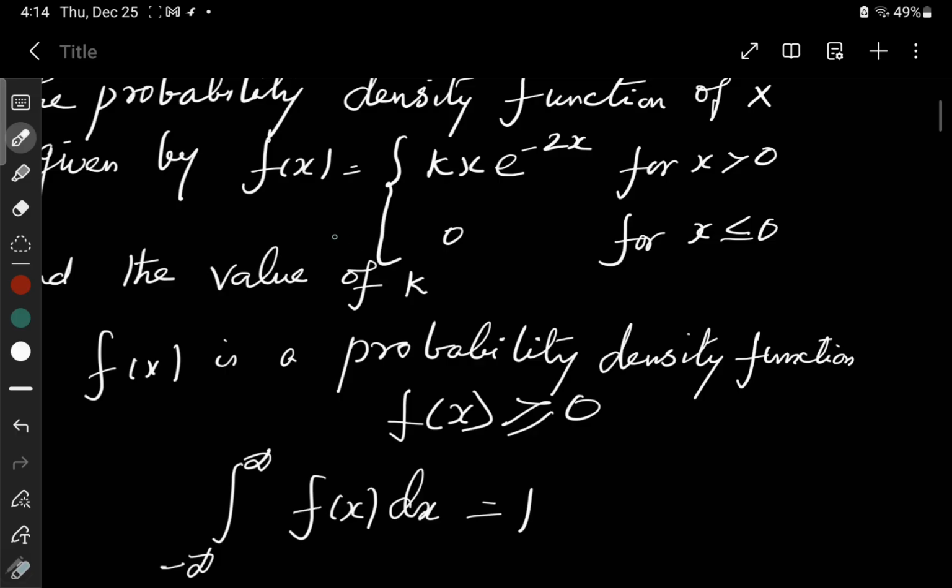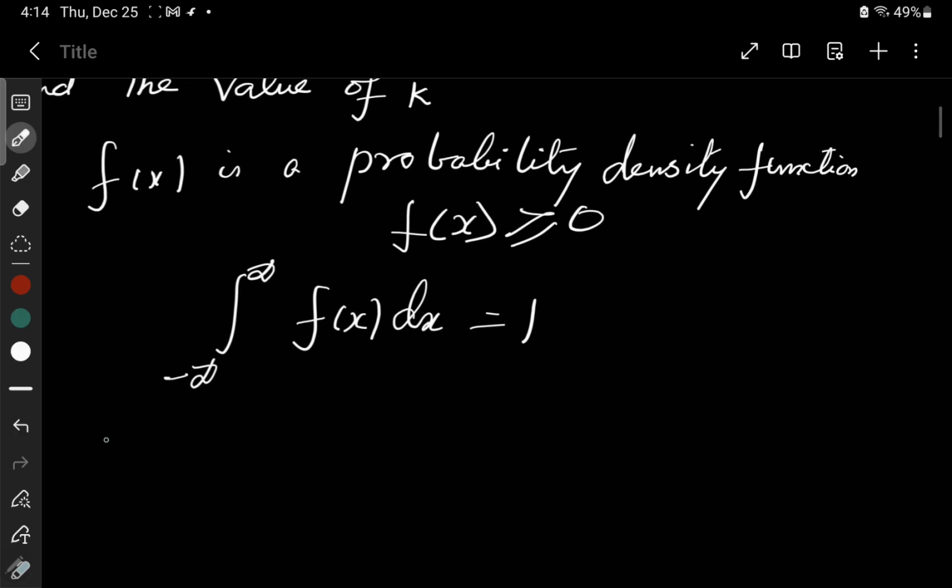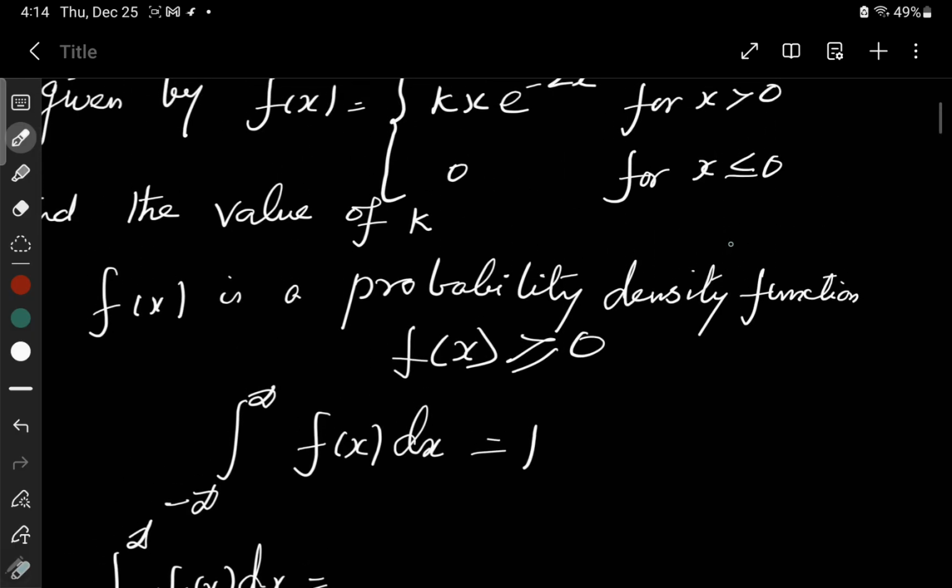Here they define the function f of x in this way. So we rewrite the integral from minus infinity to infinity of f of x dx. First take the limit x less than or equal to 0. Center 0: the left side gives minus infinity, the right side gives plus infinity.